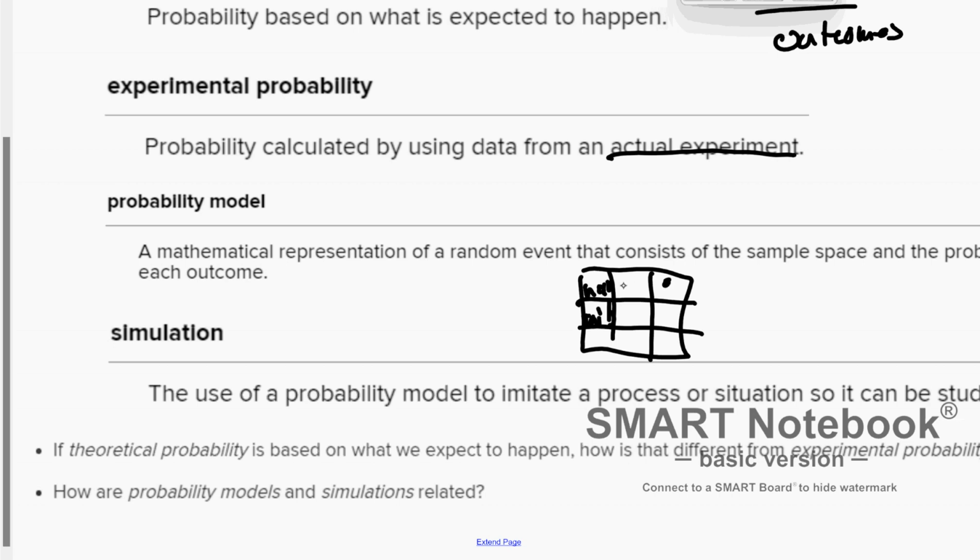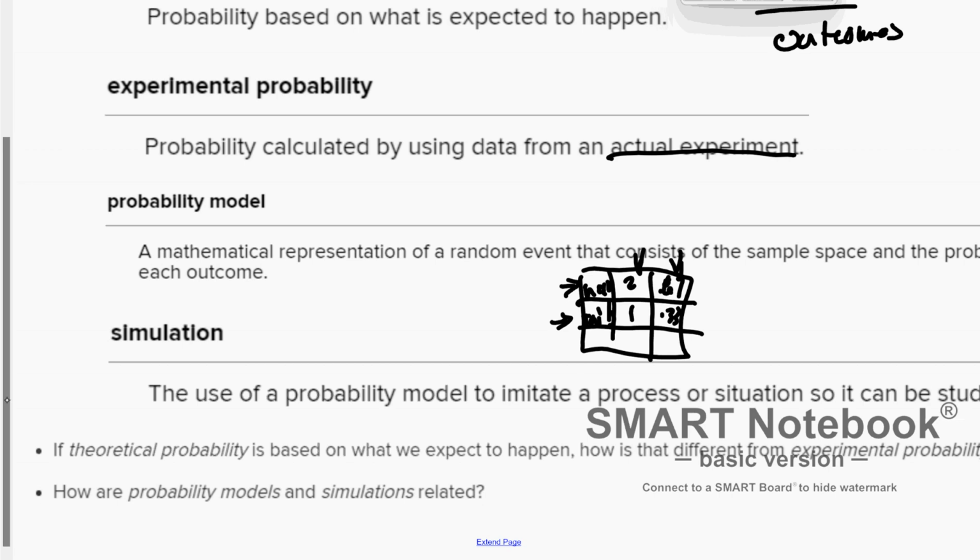So I got heads 2 times, I got tails once. So the probability here would be 0.67, where this would be 0.33, right? So I list what my outcomes are, what the sample space is, and then the probabilities of each of those happening, okay?